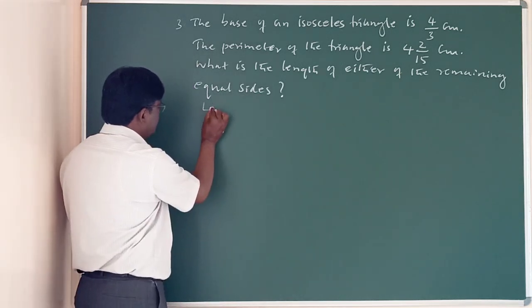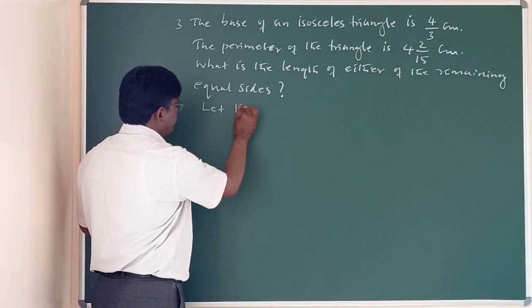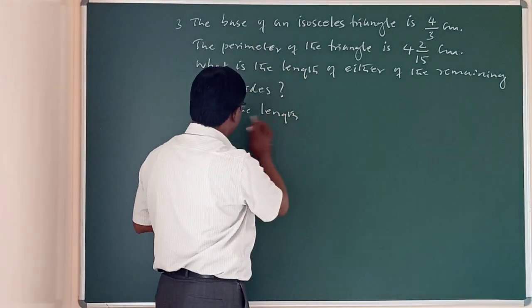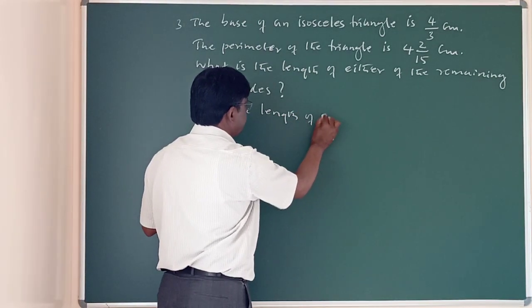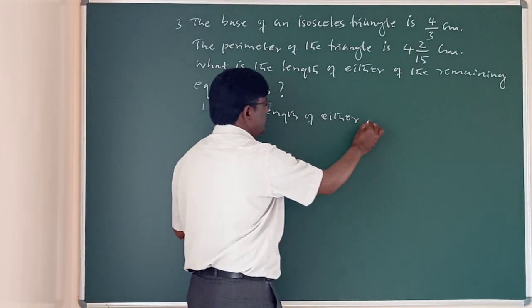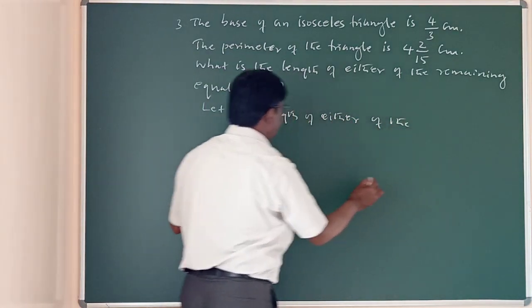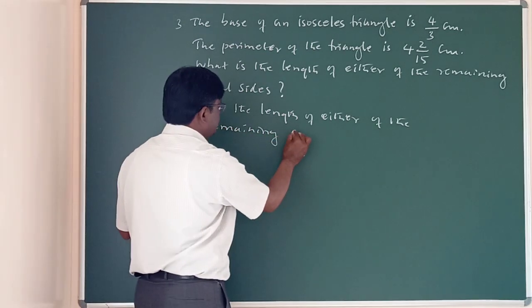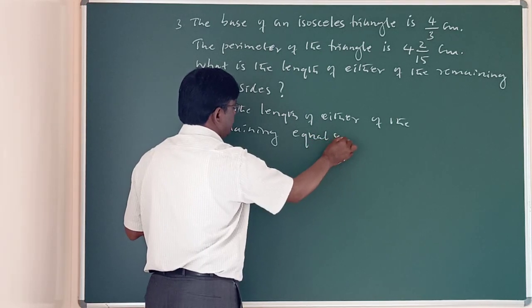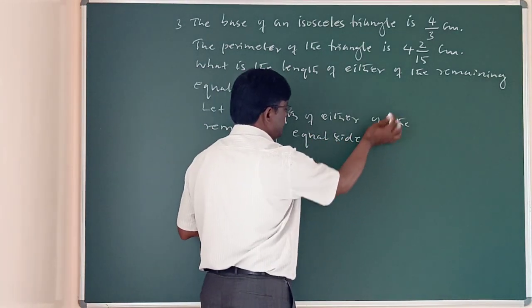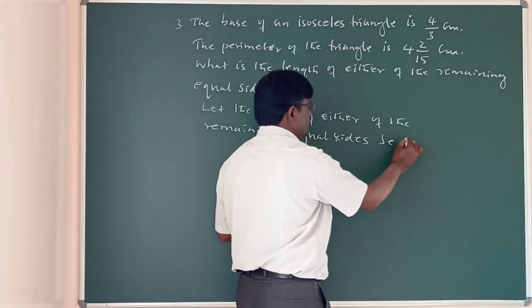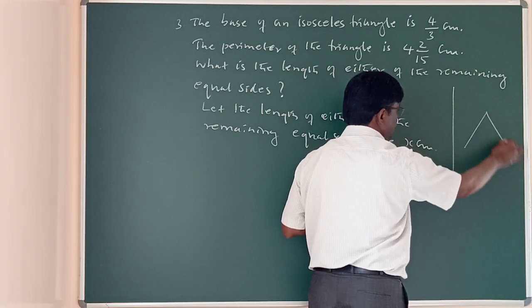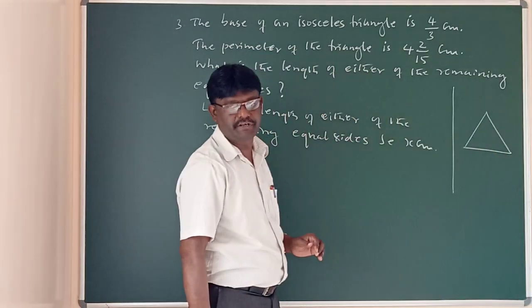Let us assume, let the length of either of the remaining equal sides be x centimeter. See here, this is an isosceles triangle.